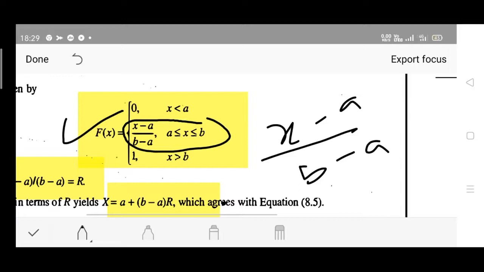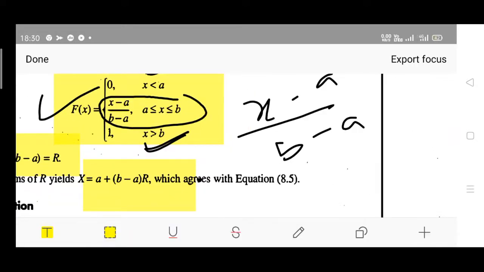Its value is 0 if x is less than a, and if x is greater than b, then its value is 1, because a and b are the intervals we are considering.